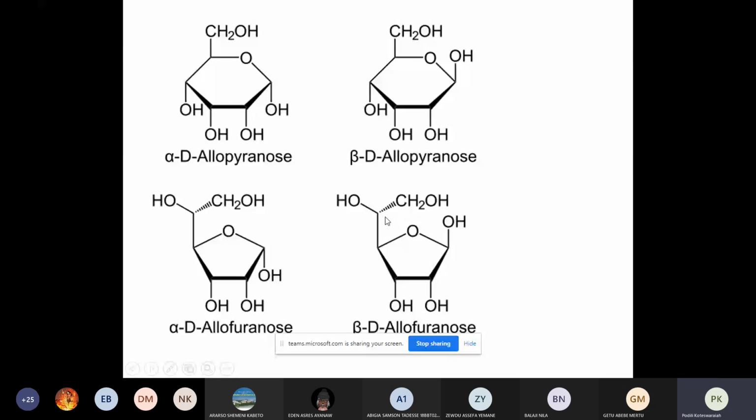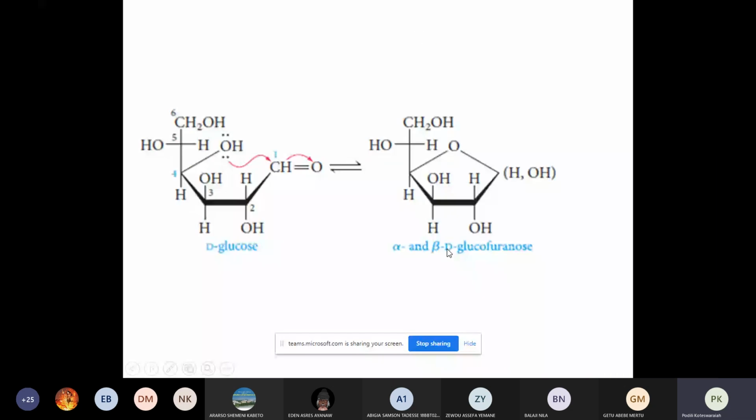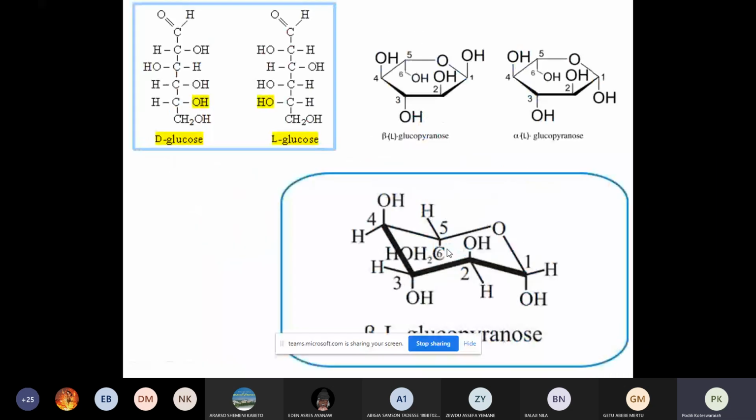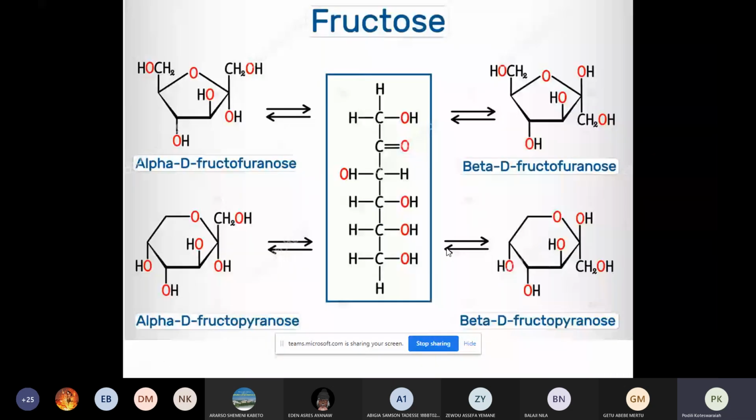You can see here, this is the first, this is the second, third, and the fourth, this is the fifth, and this is sixth. The linkage is between C1 and C4. So this is the furanose form. And now coming to this, it is the same, as you can go through later.